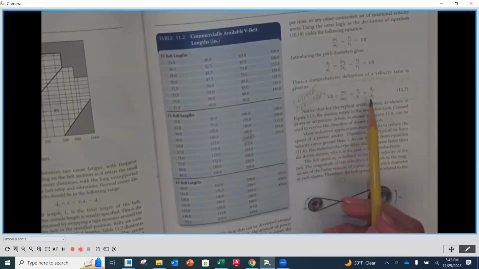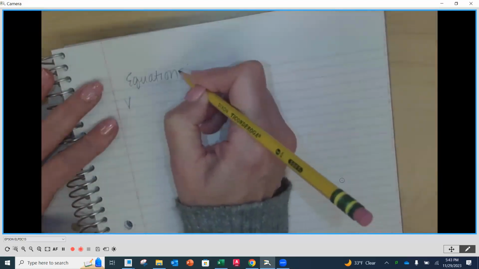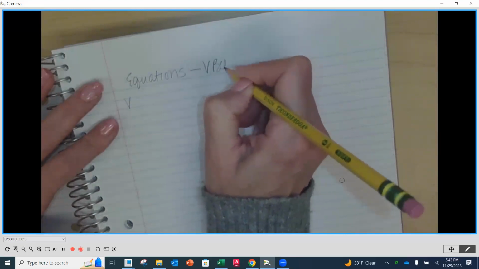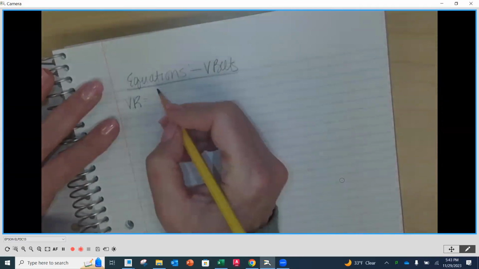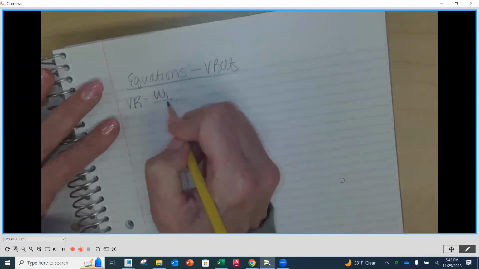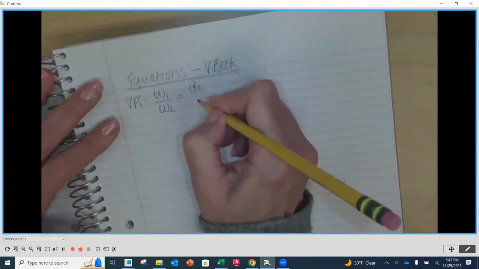Yes, our velocity ratio. We want to write that on our equation sheet for sure. This is just our equation sheet right now, organizing our thoughts. It's going to be our V belts. Our velocity ratio is equal to W1 divided by W2, equal to D2 divided by D1.